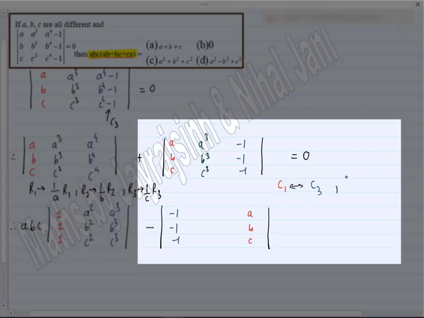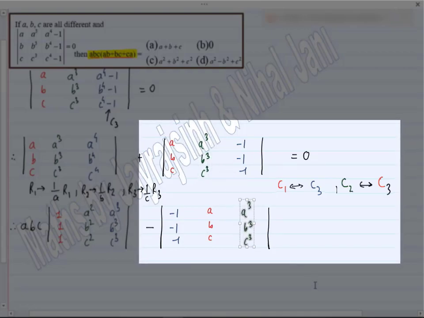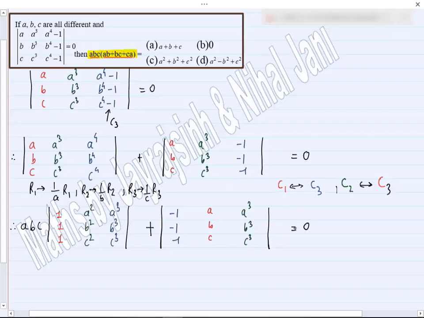Let's do this operation again. Let's interchange the second row and the third. So this third will be your second, and this second row will be your new third. And due to this operation, again we have to change the sign, right?